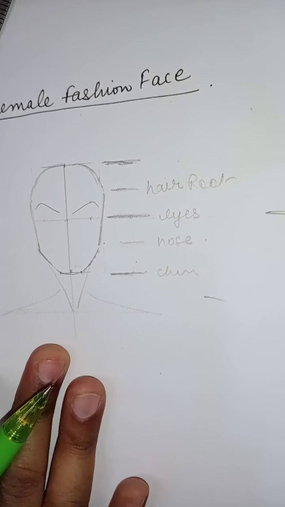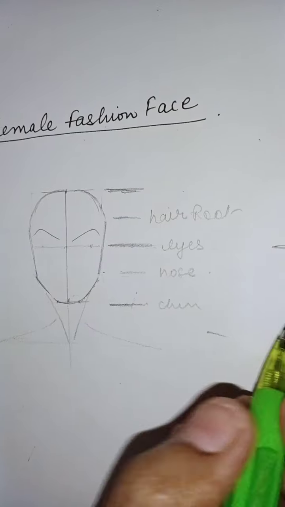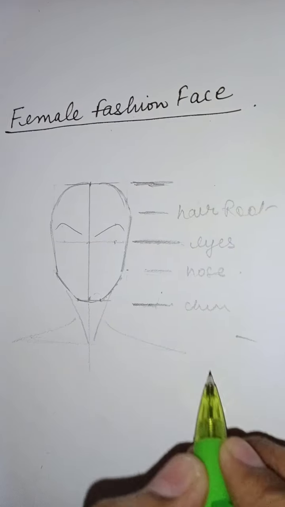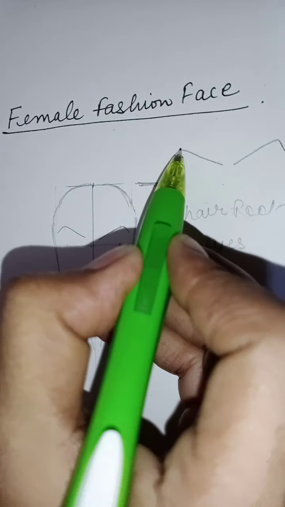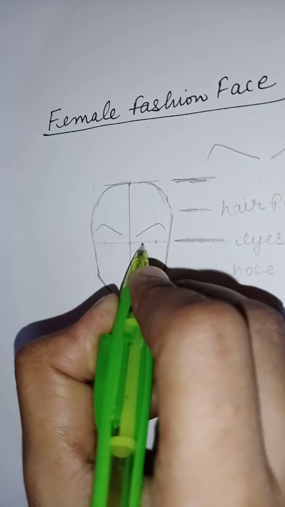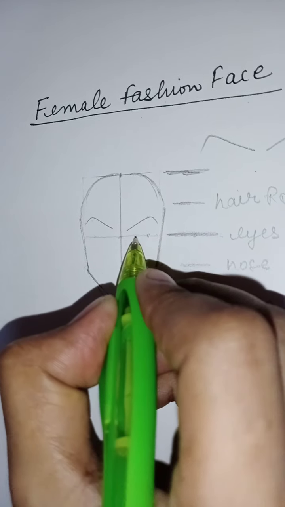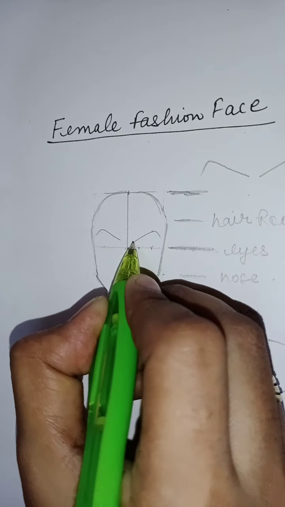I can make it like this also. It depends on you. We have to make some practice, and we should draw it ourselves like this. Now I will start to draw my eyes. I am starting it from here because eyebrows are from here.